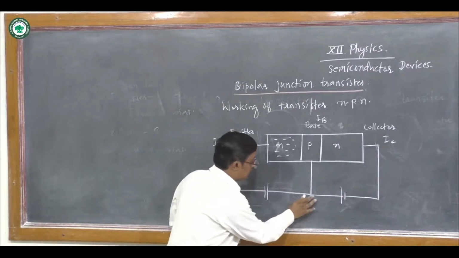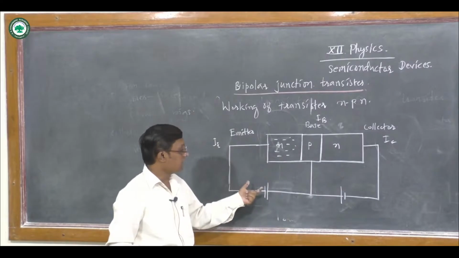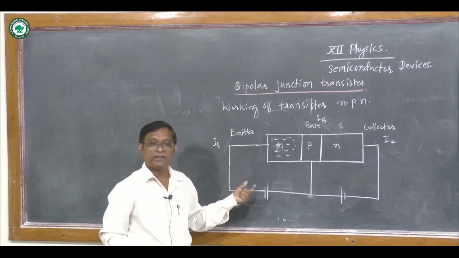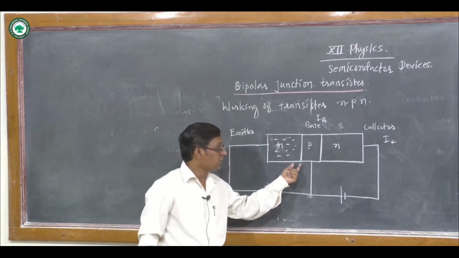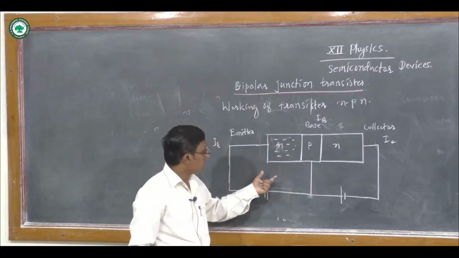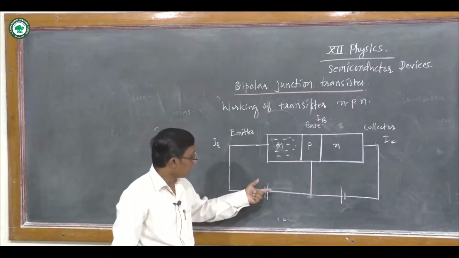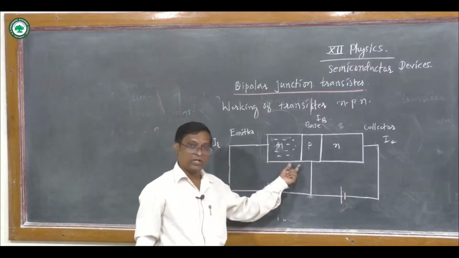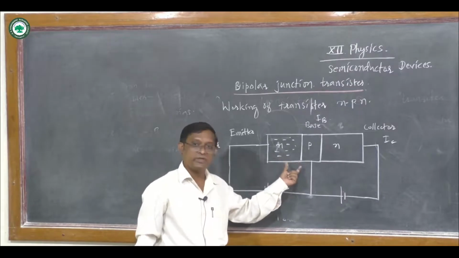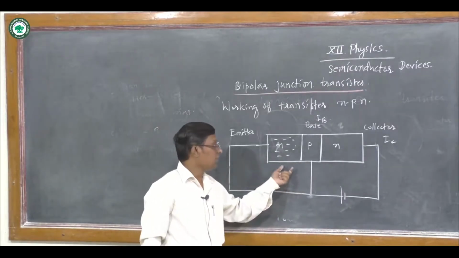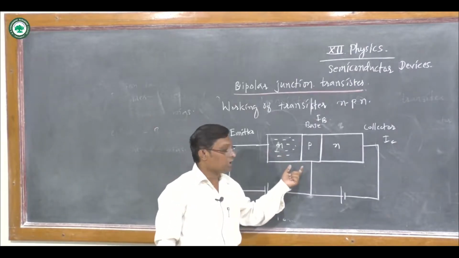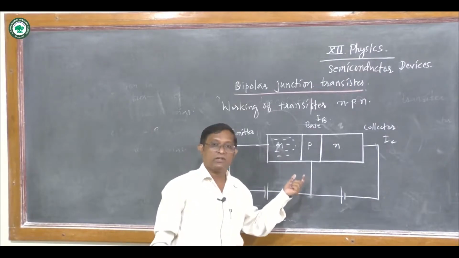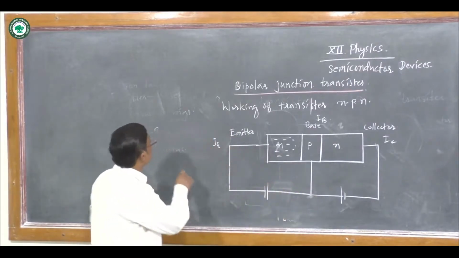When we bias this emitter and base in a forward bias, the barrier potential of this depletion layer is broken. If we use silicon as the semiconducting material here, then its barrier potential is 0.6 to 0.7 volt.